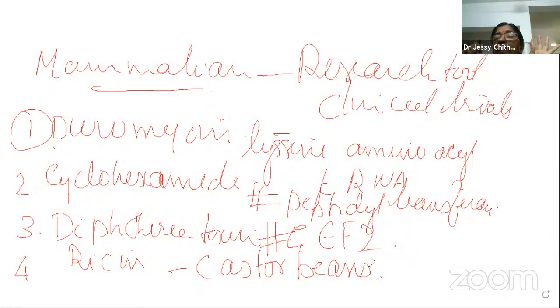Reversible inhibitors are tetracycline, erythromycin, clindamycin, and chloramphenicol. And the mammalian inhibitors include puromycin, cycloheximide, diphtheria toxin, and ricin. Understand? So these are the inhibitors of protein biosynthesis.